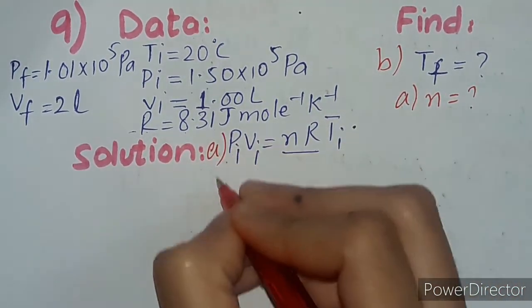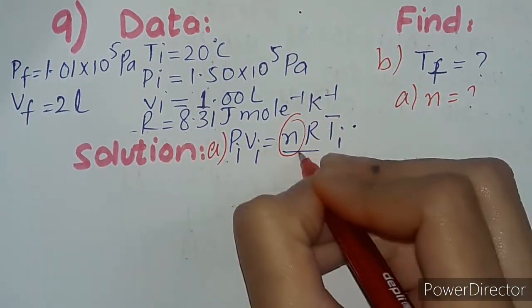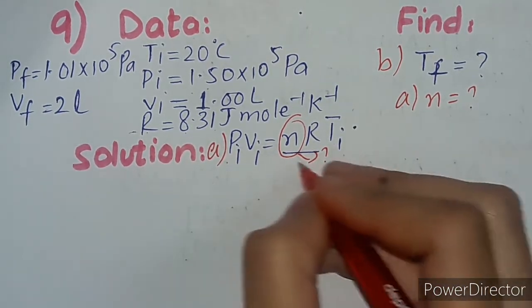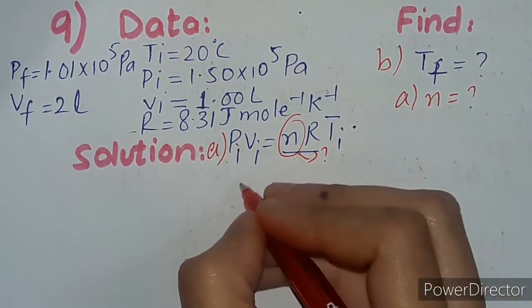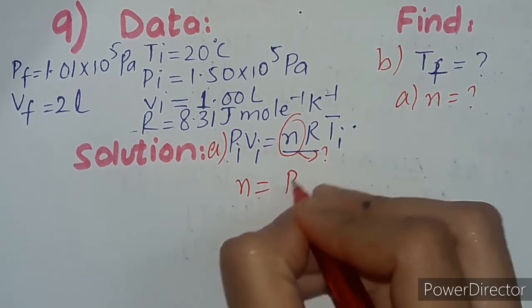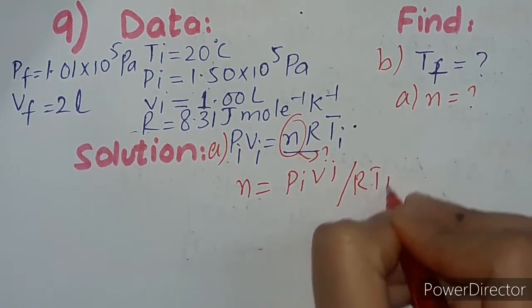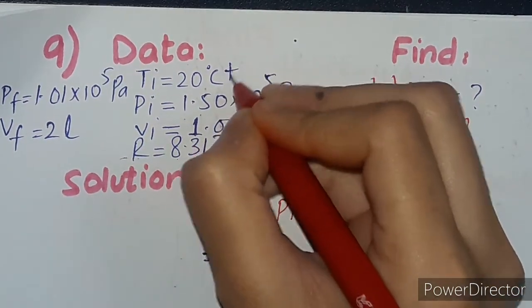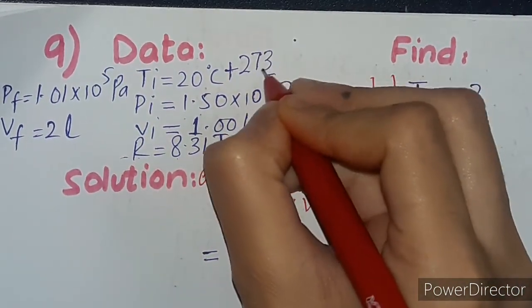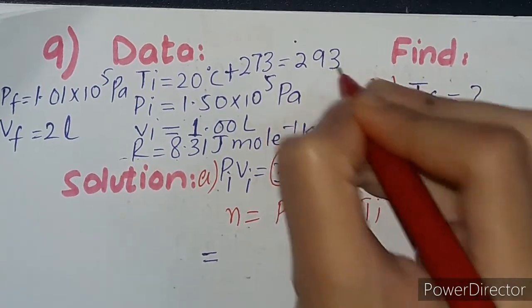So for the A part, we divide by this. So n is equal to PiVi divided by RTi. We have to change this temperature into Kelvin, 293 Kelvin.